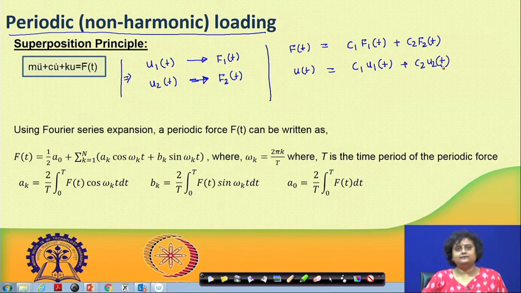To summarize, if we find the response u1(t) of a system for a given load F1(t), and the response u2(t) for another load F2(t), then for a third load which is a linear combination of F1(t) and F2(t), I no longer need to re-evaluate the response, but can write it directly as C1 u1(t) plus C2 u2(t).